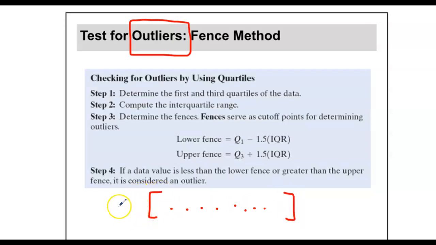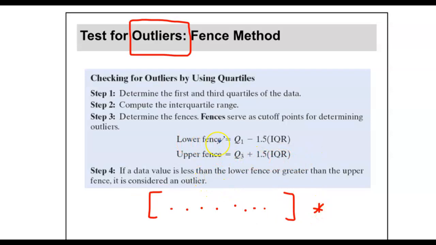If there are any values below the lower fence or higher than the upper fence, that piece of data is called an outlier. We don't include it on the box and whisker diagram. We cut it out, we eliminate it. Anytime a data value is less than the lower fence or greater than the upper fence, it's considered an outlier.